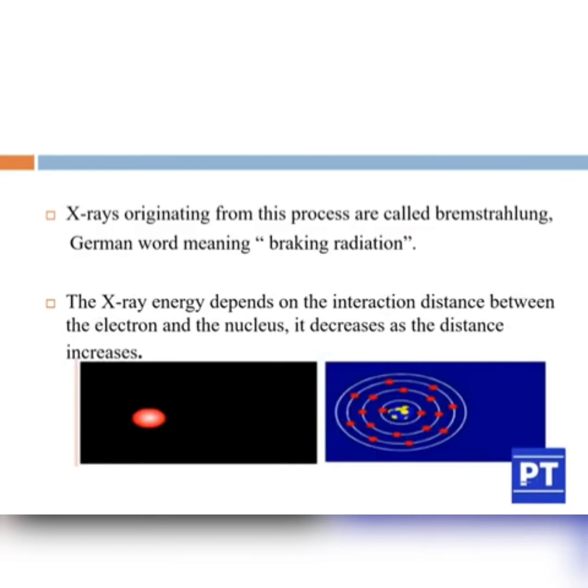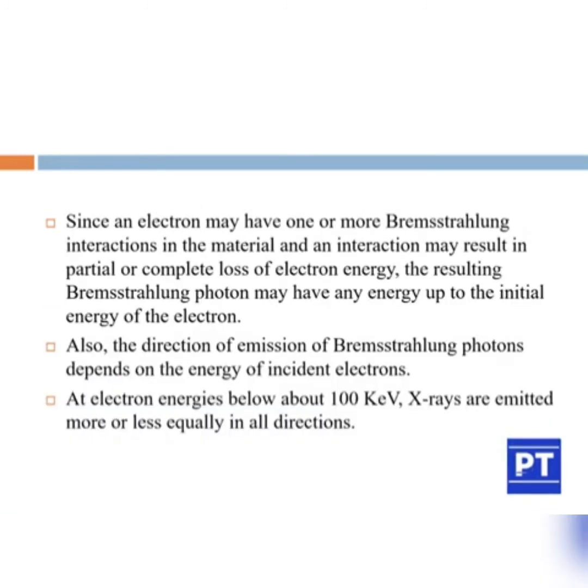X-rays originating from this process are called Bremsstrahlung, a German word meaning braking radiation. The X-ray energy depends upon the interaction distance between the electron and the nucleus. It decreases as the distance increases.